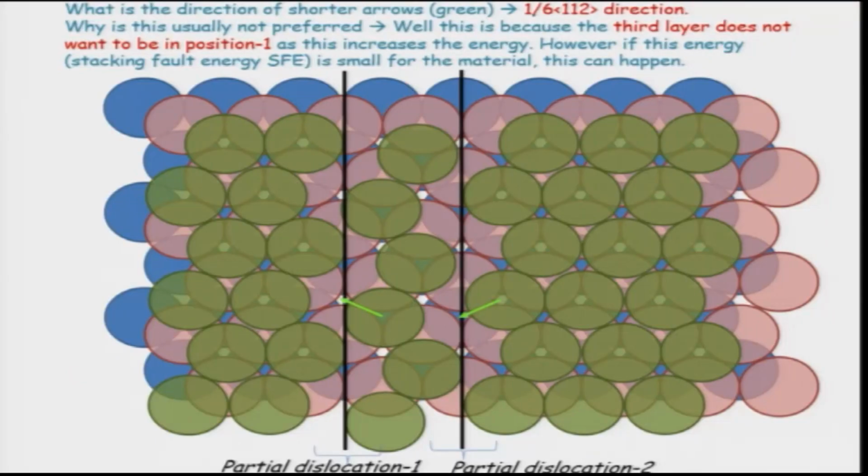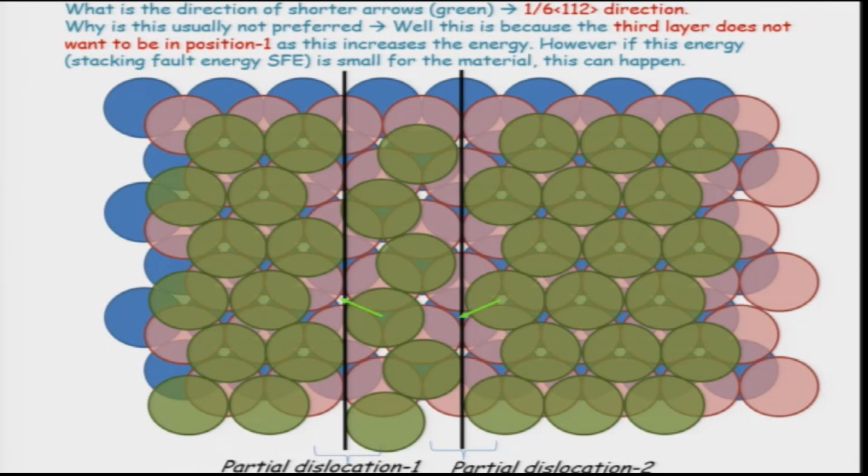If you look at the energy relation between the original Burgers vector and the two smaller Burgers vectors, the sum of the two smaller Burgers vector energies comes out to be smaller. So, this would be a feasible path, and geometrically we also see that it is feasible. So, yes, this does happen. Here I have shown the a/6 <112> directions as the smaller green arrows.